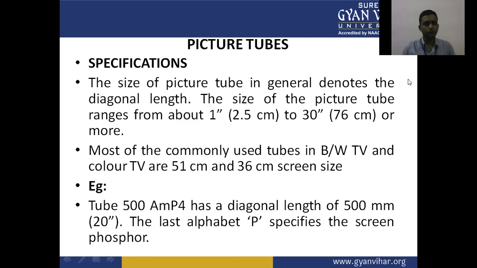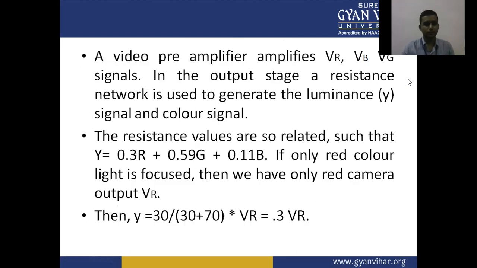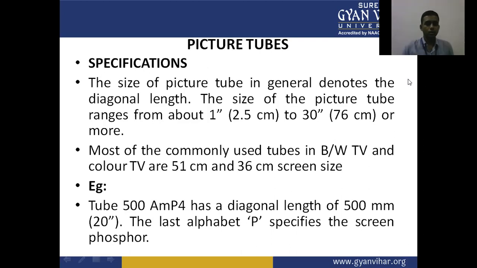Picture tubes. In the next section, we have picture tubes. A camera tube is a device which converts the image or light signal into the composite video signal.